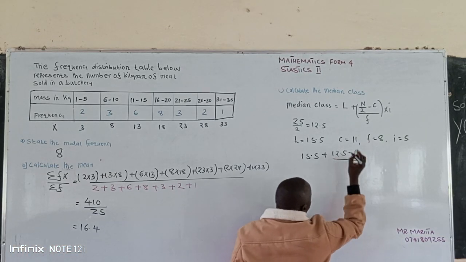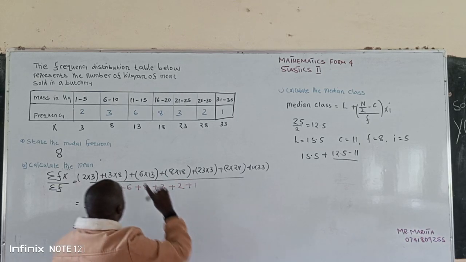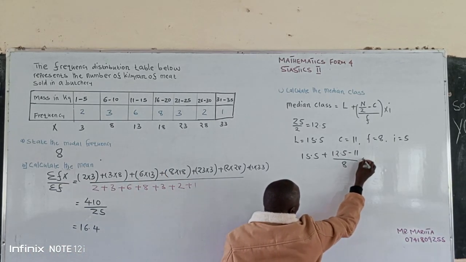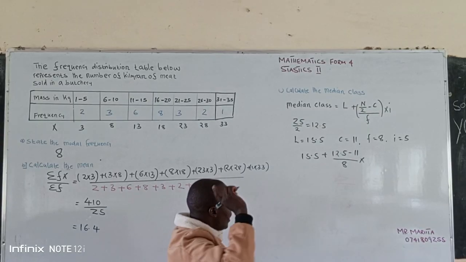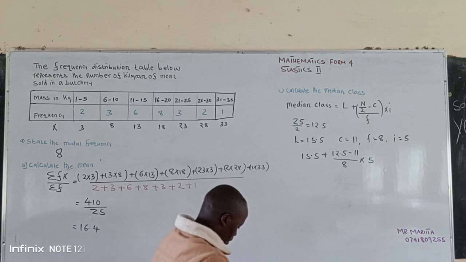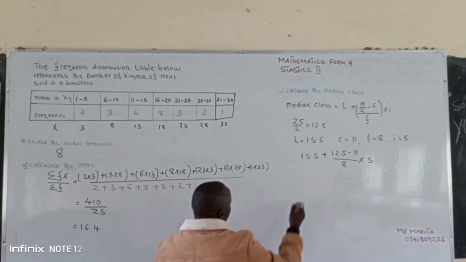You divide it by the frequency of the class, which is 8, and this is multiplied by the class interval, which is 5.